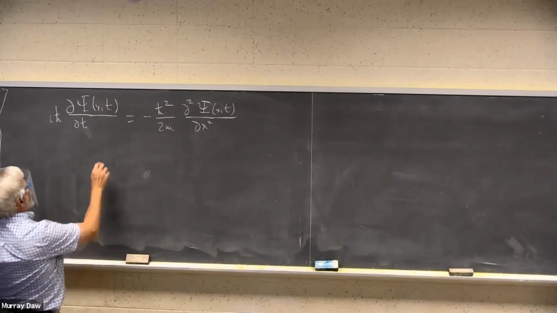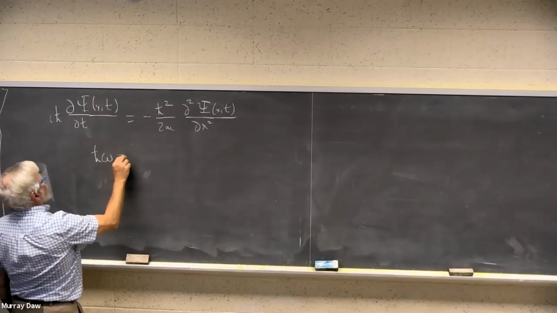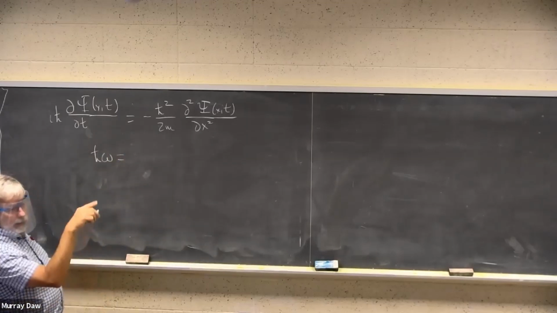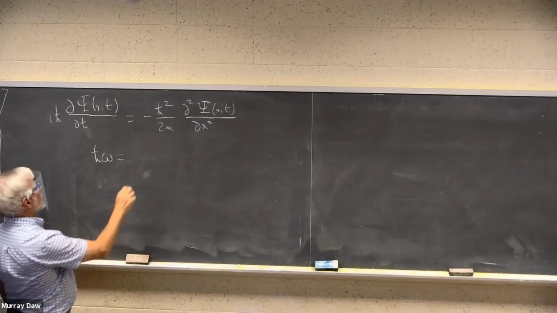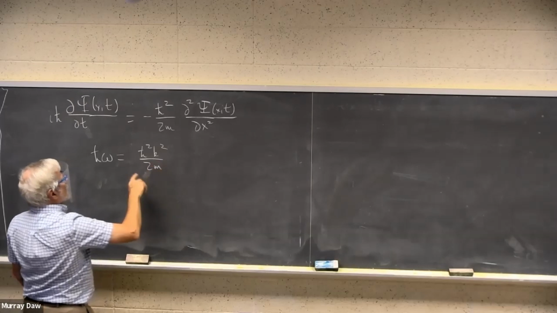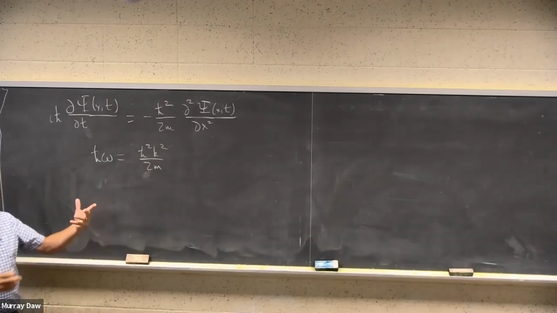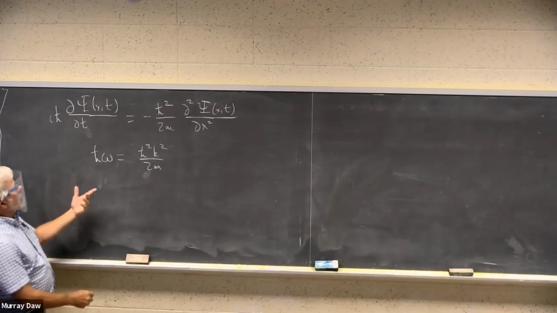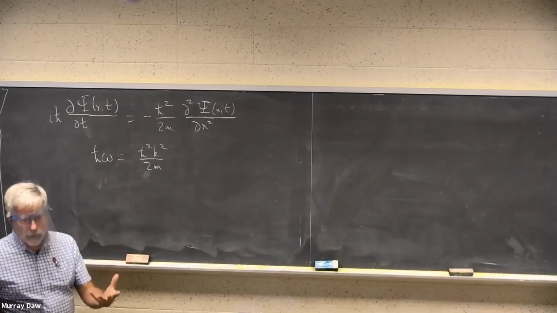So this gives rise to this relation. If you substitute in an exponential function, e to the i(kx minus omega t), this relationship comes out, the left hand and right hand sides, you cancel out the psi. Okay. But the free particle is not really very interesting.